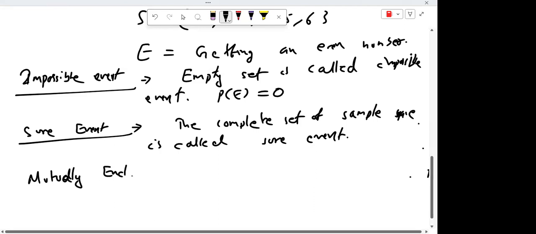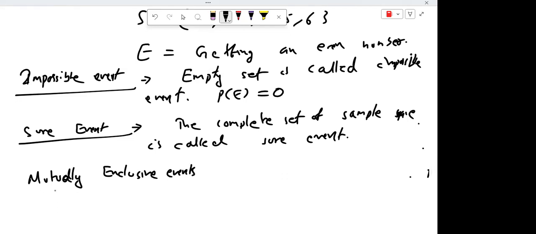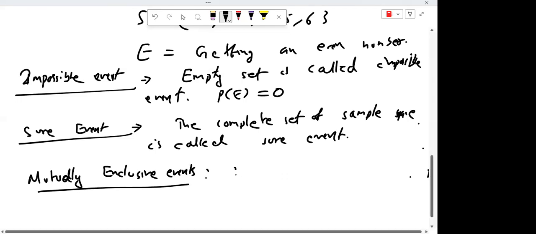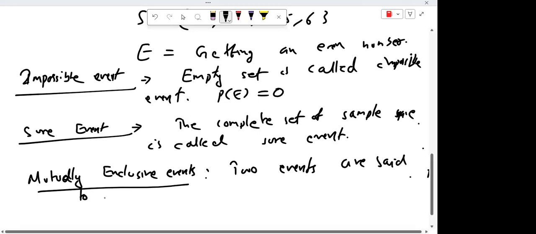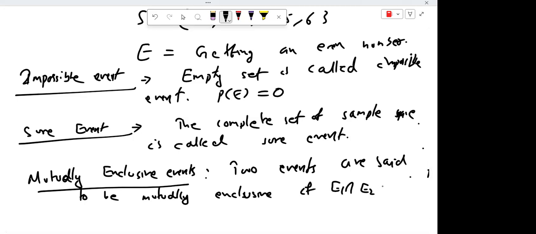Okay. Mutually exclusive events. Two events are said to be mutually exclusive if E1 intersection E2 is phi.